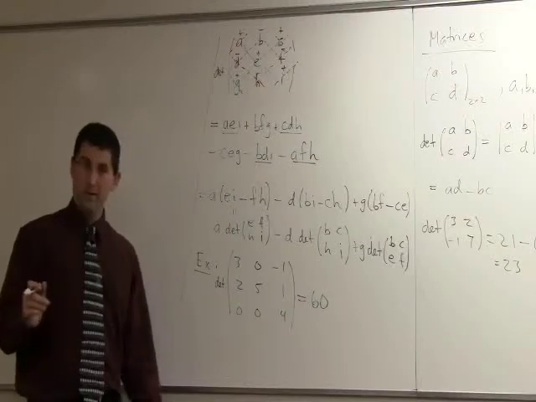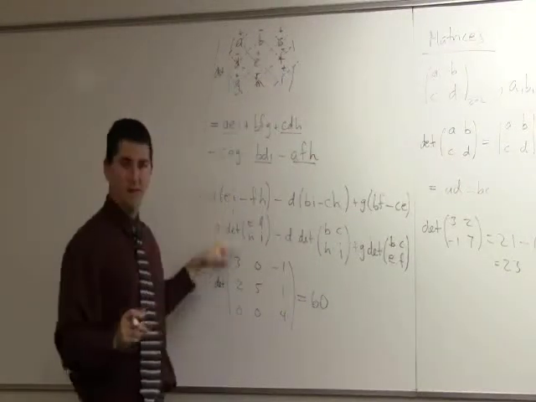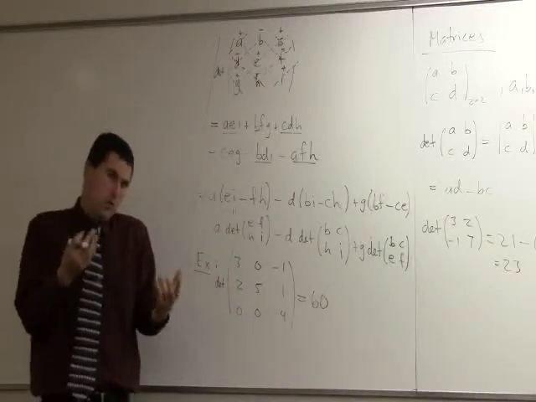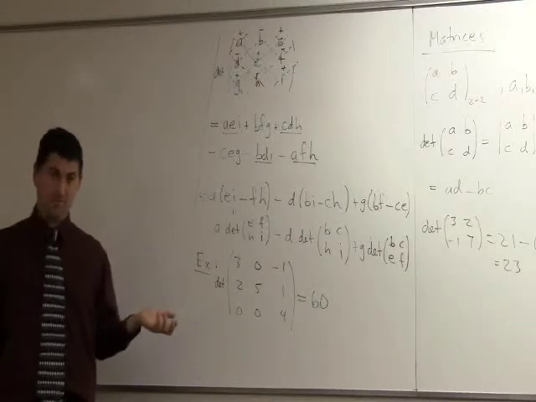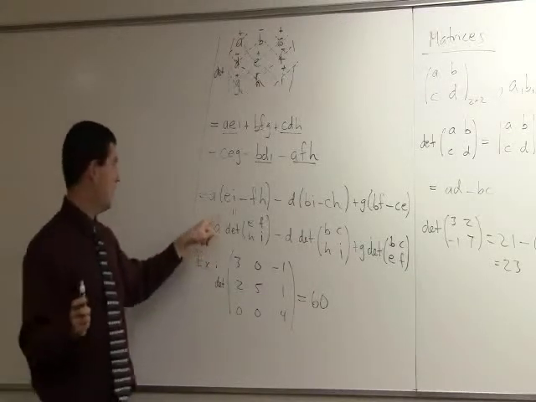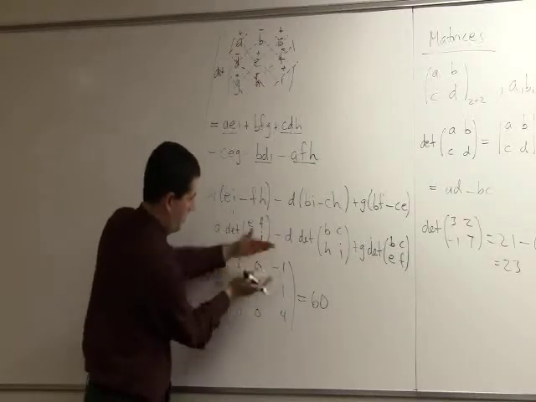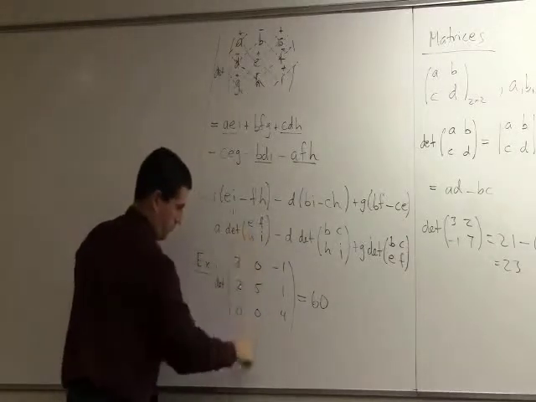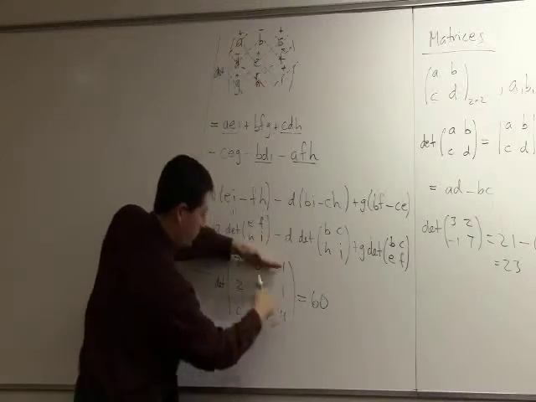On the other hand, if we used this method here, you can choose any row, choose any column. Which one's going to be the best to choose? Well, remember what you're going to have to do. You're going to have to crisscross, right? And if you pick, say, this column, you're going to have to start at the 0 and cross these out and look at that 2 by 2 determinant.